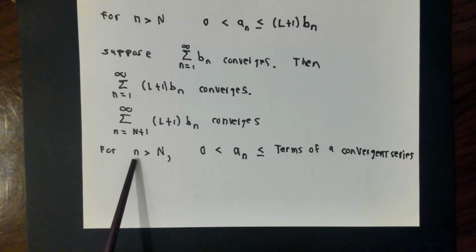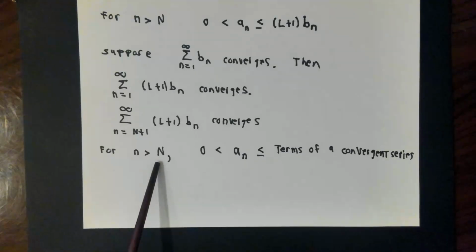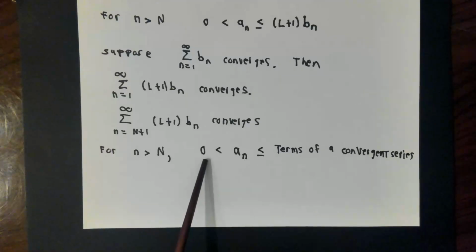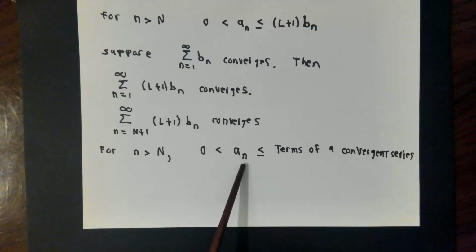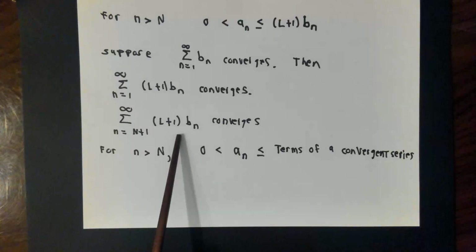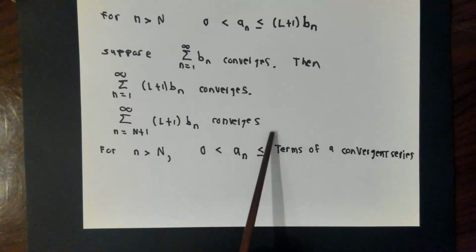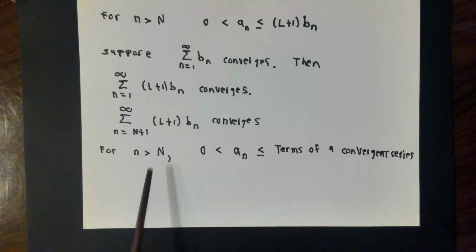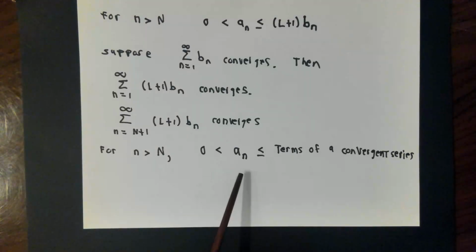For indexes little n bigger than capital N, a_n is positive, and a_n is less than a term of a convergent infinite series. So the sum of these things converges starting at N plus 1 and going up to infinity.